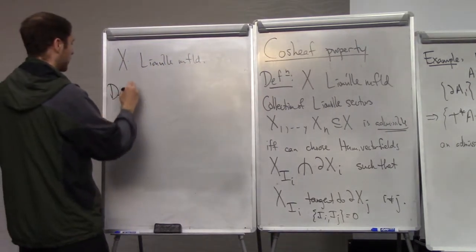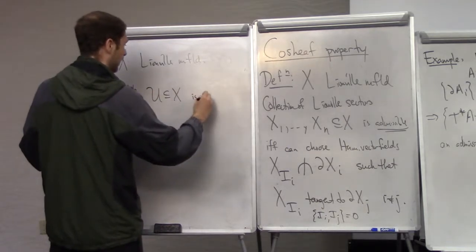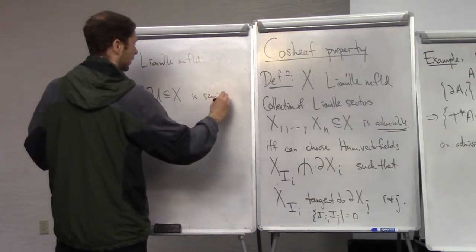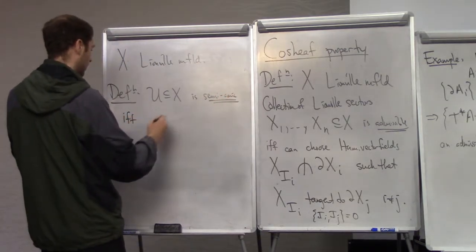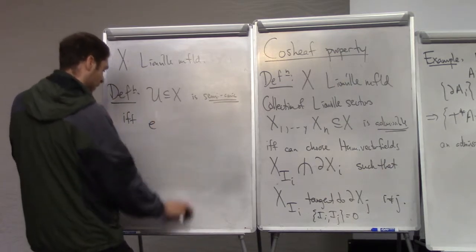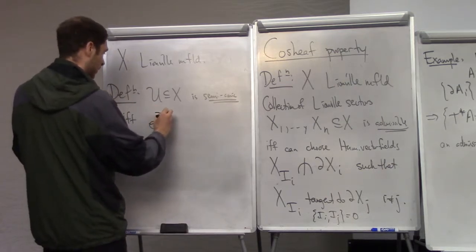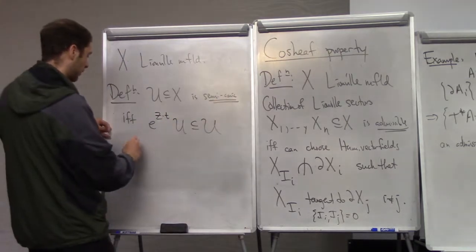We say U inside X is semiconic if and only if when you take positive Liouville flow applied to U, it's stabilized by the positive Liouville flow.